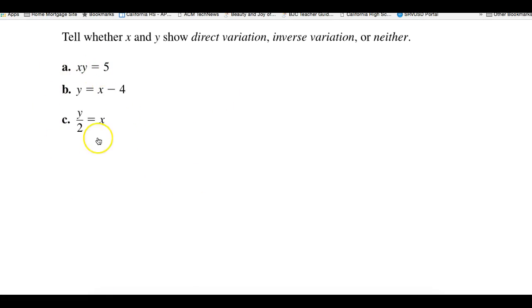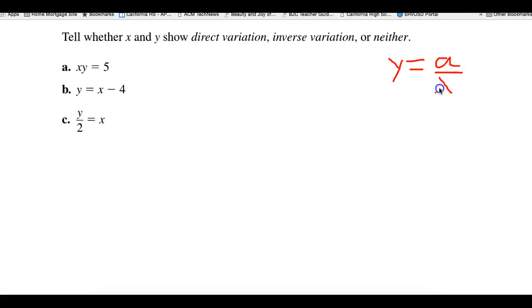So here's our three equations. We've got xy equals 5, y equals x minus 4, and y over 2 equals x. Now remember, in order for inverse variation, we want y to equal a over x.